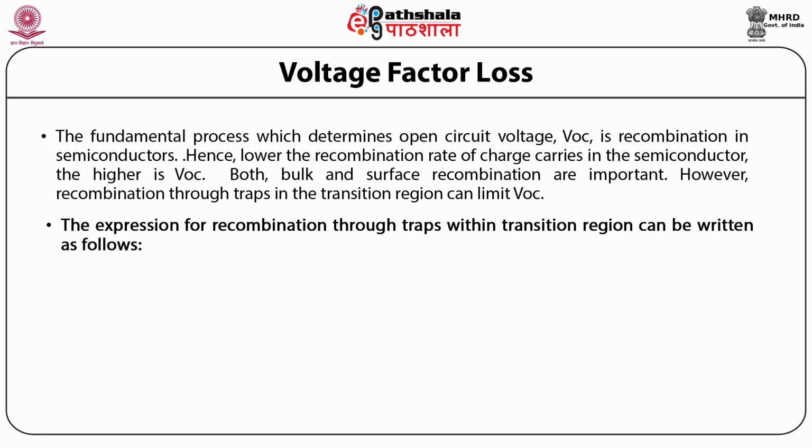The expression for recombination through traps within the transition region can be written as U_SRH equals (np minus ni squared) divided by (tau p multiplied by (n plus n1) plus tau n multiplied by (p plus p1)).